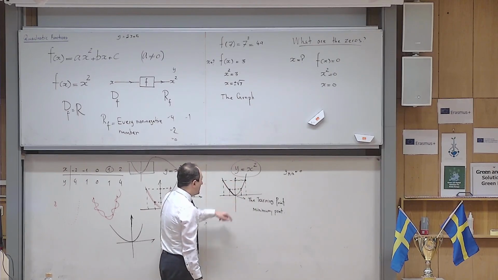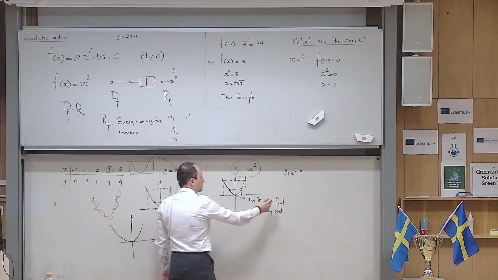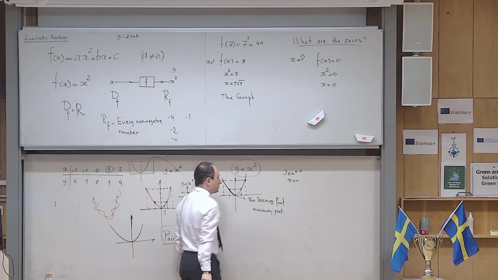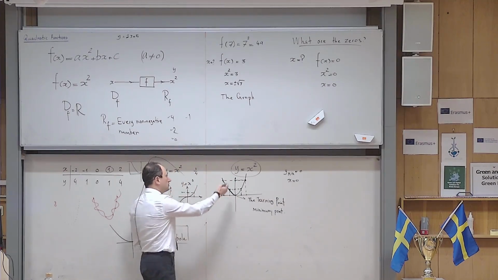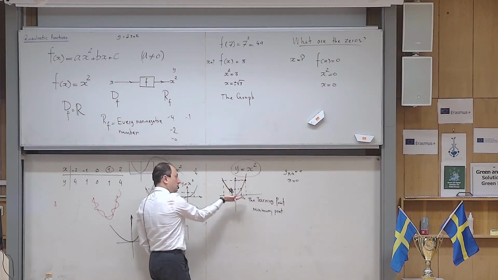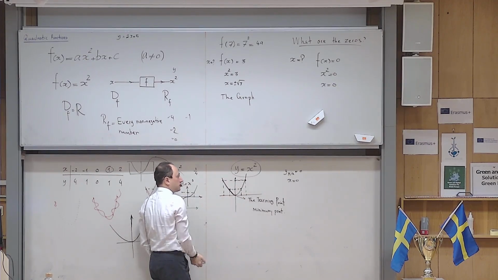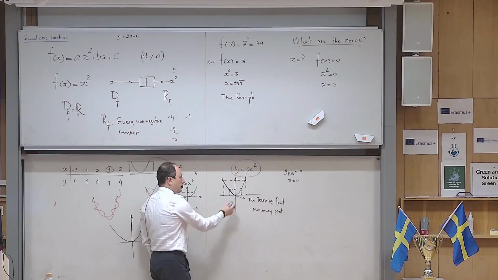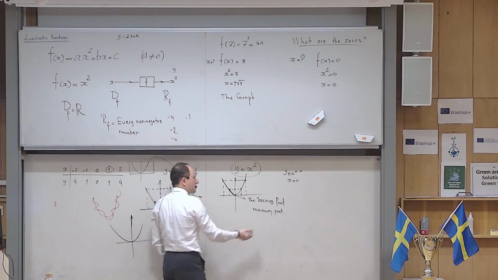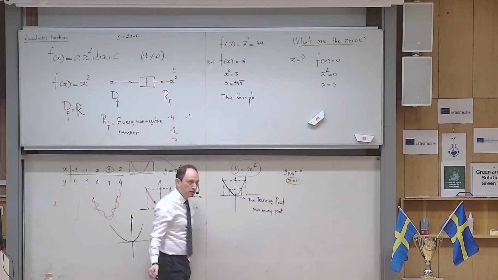And it is attained where? It is attained when x is equal to 0. So when I ask you what is the minimum of this function, I mean the lowest height of the points on the graph of my function. It is 0. I can ask you when this minimum is achieved. You will tell me when x is equal to 0.